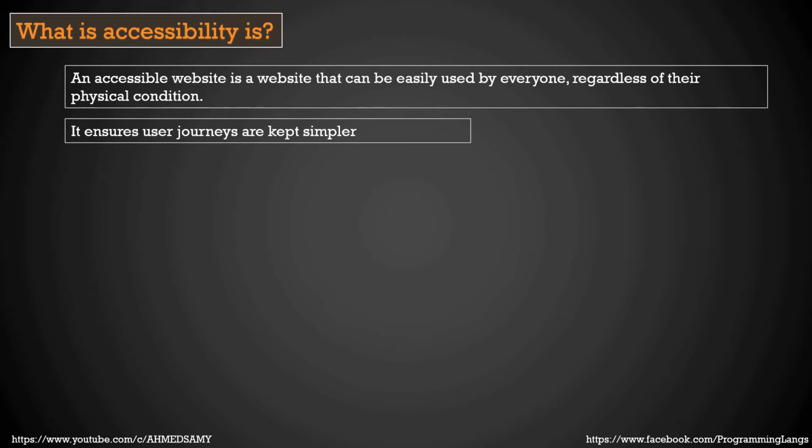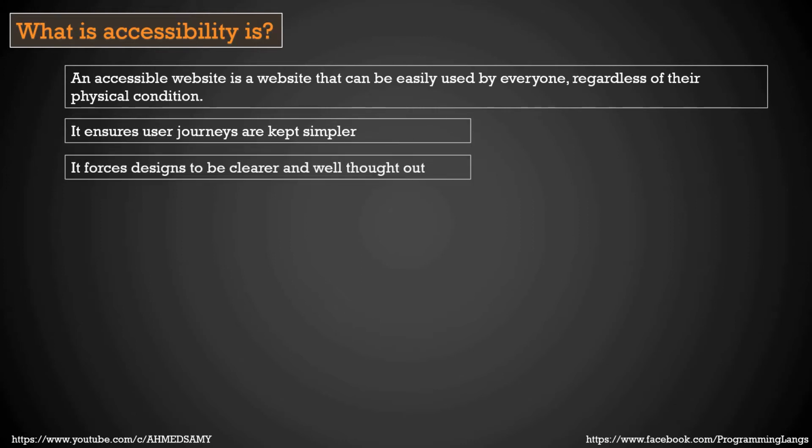It forces designs to be clearer and well thought out, because you will be forced to use the semantics of HTML and to use responsive web design approaches. This way you will have cleaner design and cleaner code.